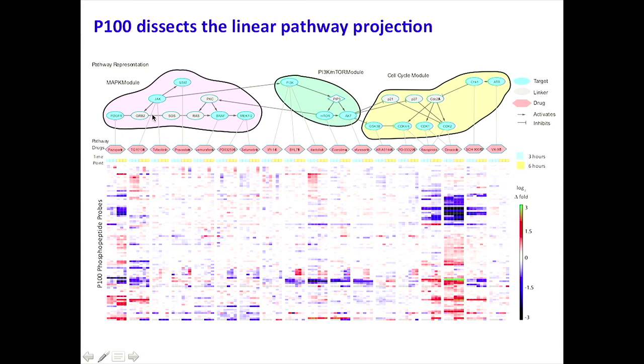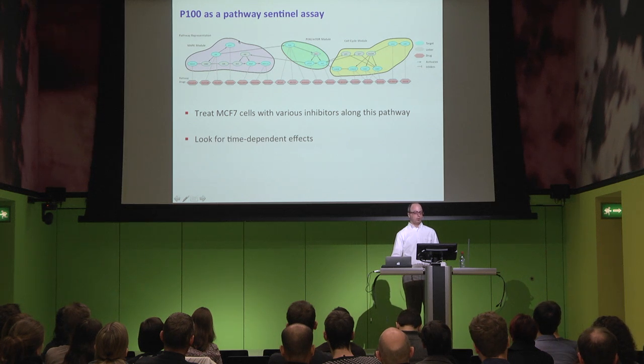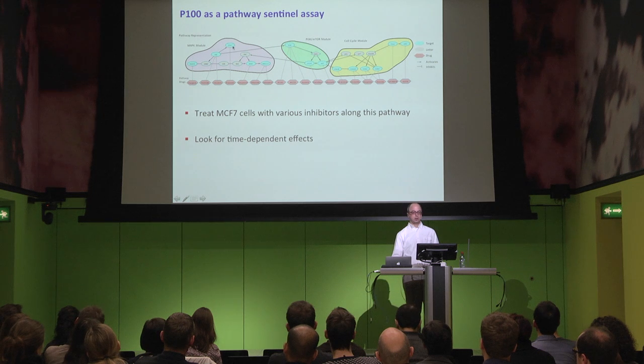And then, I had to fill in a couple of nodes along these pathways in order to make everything connect in this linear representation. But the general flow of this is from receptor, PDGFR inhibitor at the left side here, all the way down to things that affect cell cycling in the nucleus, like the cyclin-dependent kinases. And if we take a step back, we can see that these drugs project onto kinases that roughly organize into 3 modules.